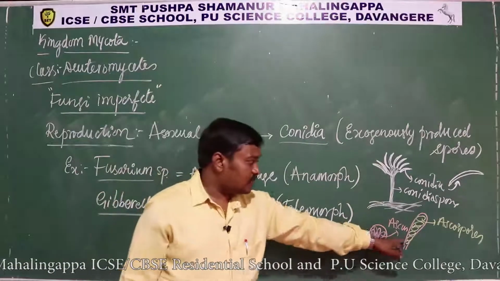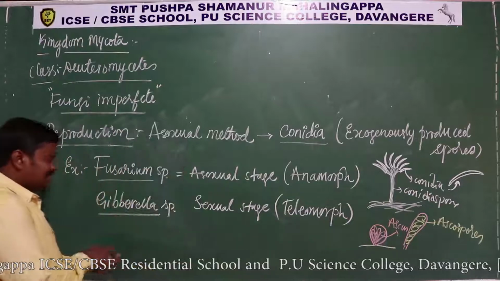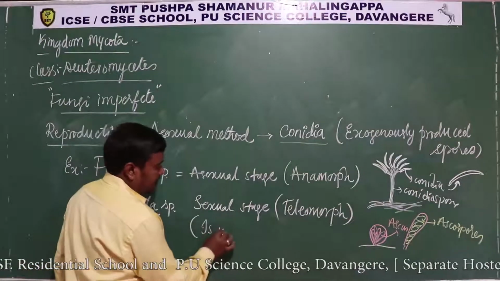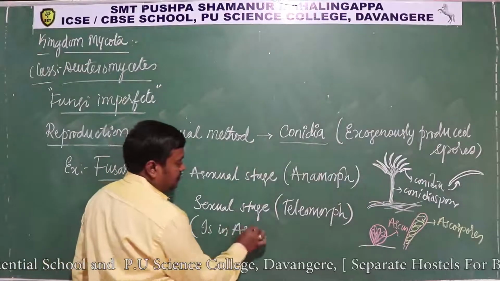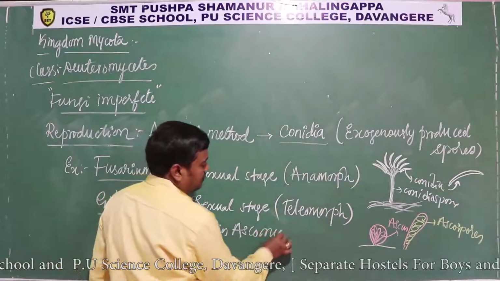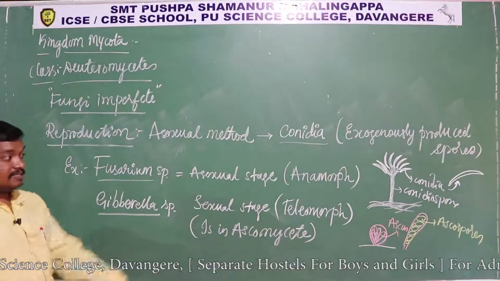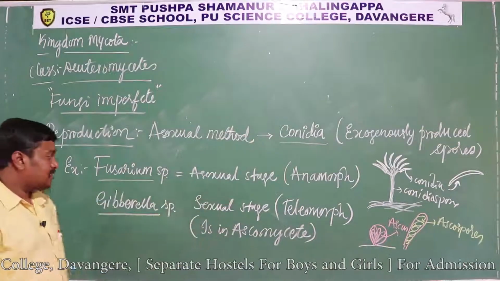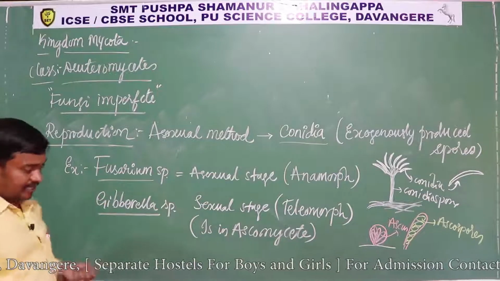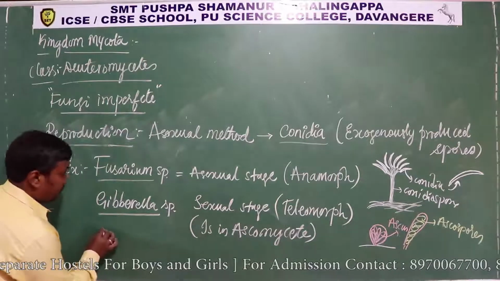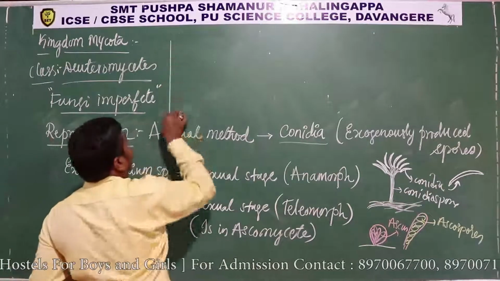Since Gibberella produces asci, this Gibberella is in ascomycete. Okay, so similarly one more fungus, let me tell you, that is Colletotrichum. So let me write here.